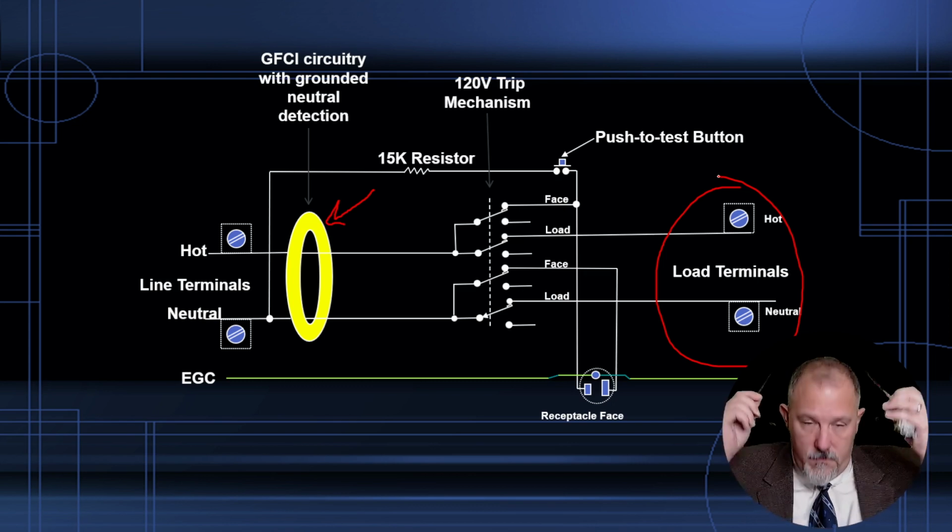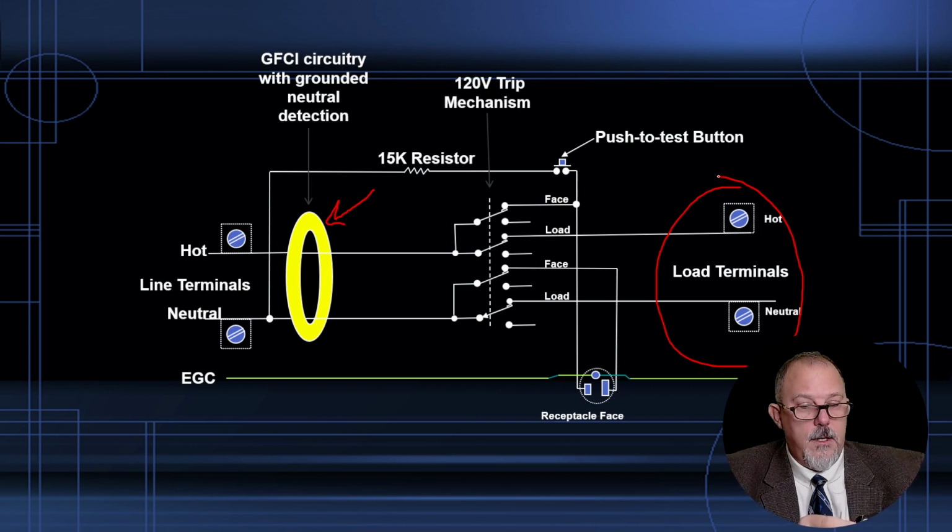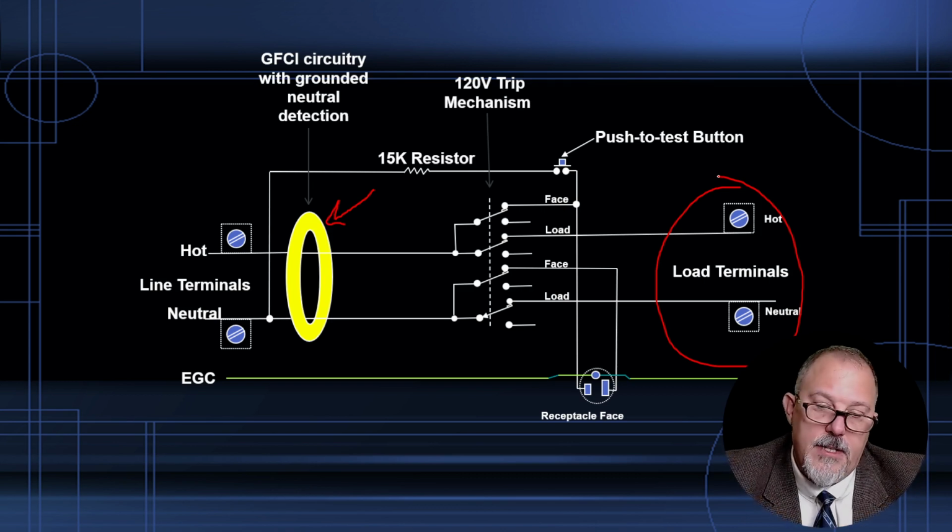We have some caution tape here, and it says the load terminals under this label are for feeding additional receptacles. Miswiring can leave this outlet without ground fault protection. Read instructions prior to wiring. And then they do it in Spanish or French. I don't know, I can't read it. Read instructions prior to wiring. So that's basically what's on this label.